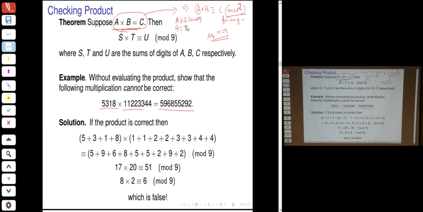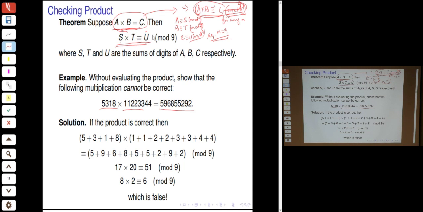Similarly, B is congruent to T mod 9, where T is the sum of the digits of B, and C is congruent to U mod 9, where U is the sum of the digits of C. Then, using the properties of modular arithmetic, you can replace this equation by the congruence S times T is congruent to U mod 9, replacing A by S, B by T, and C by U.